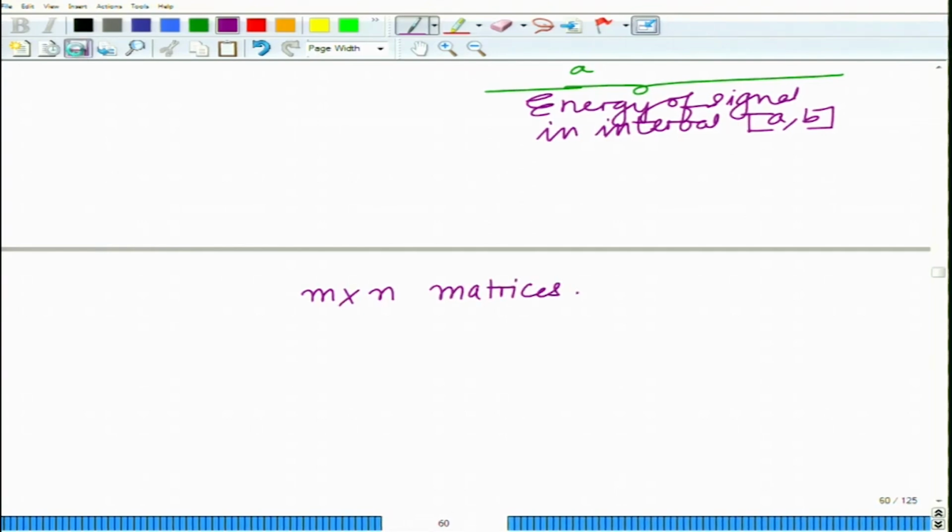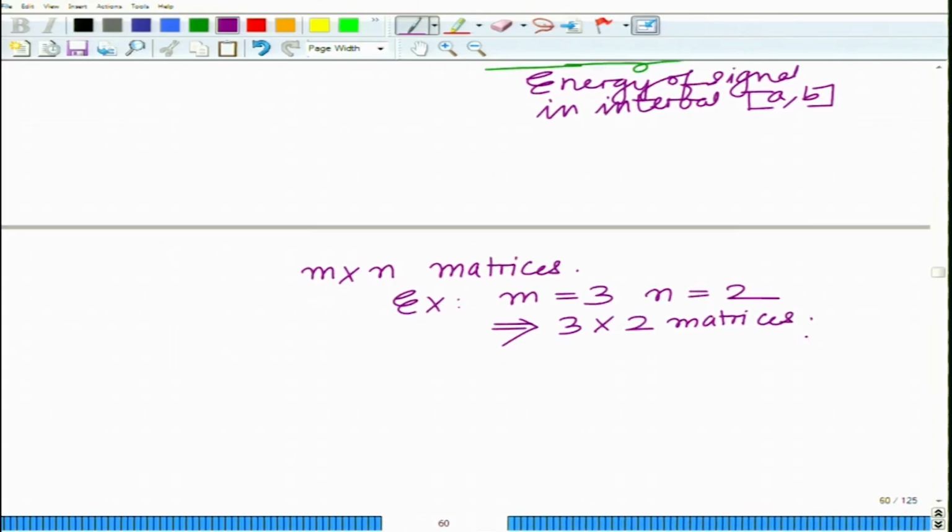So we have the space of M cross N matrices, for example M equal to 3, N equal to 2 implies we have 3 cross 2 matrices.